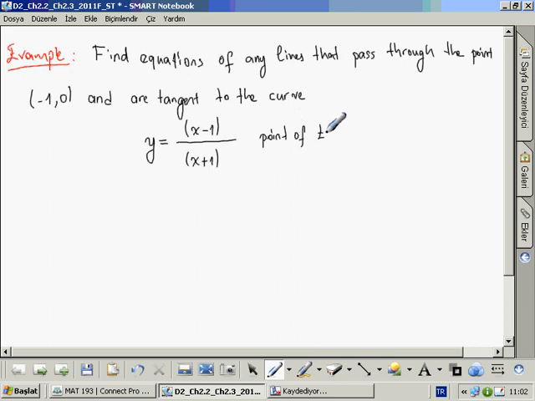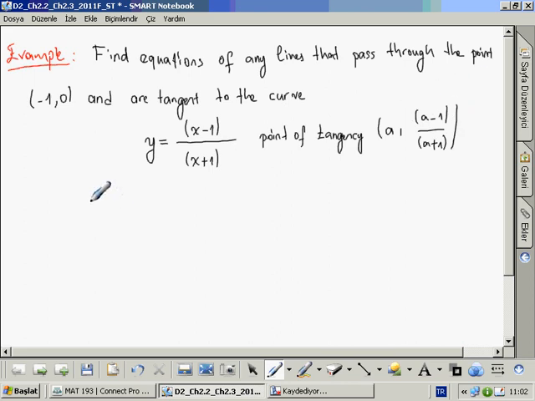Point of tangency (a, ...), and the y-value is a minus 1 over, of course, a plus 1 at this point.